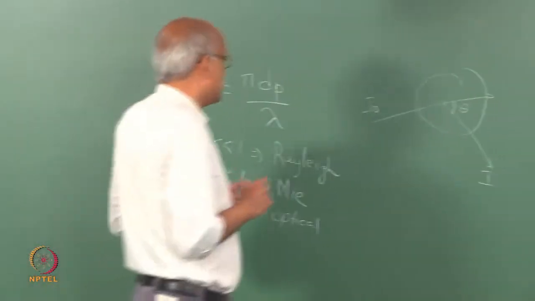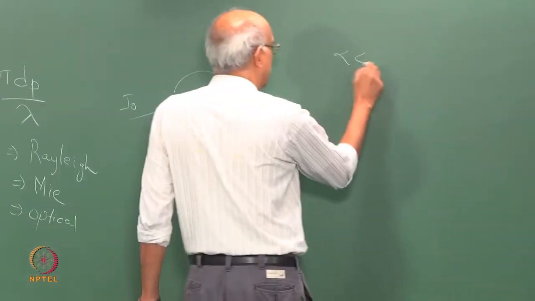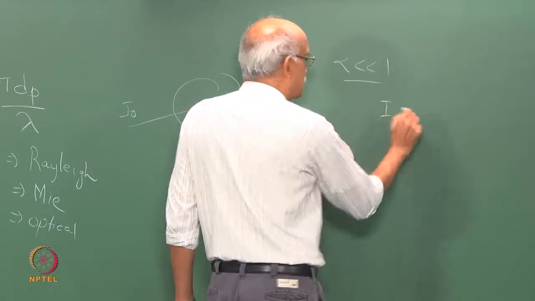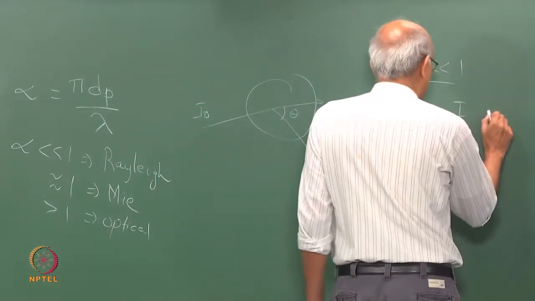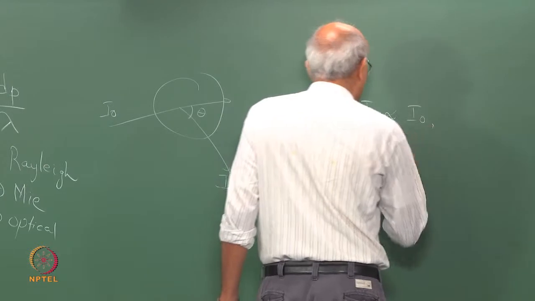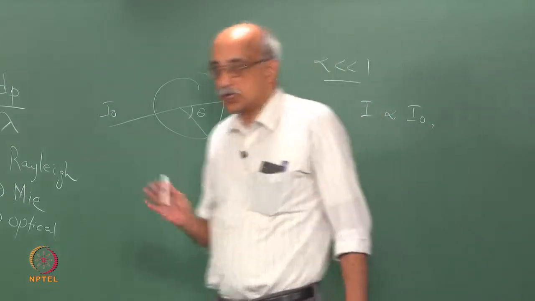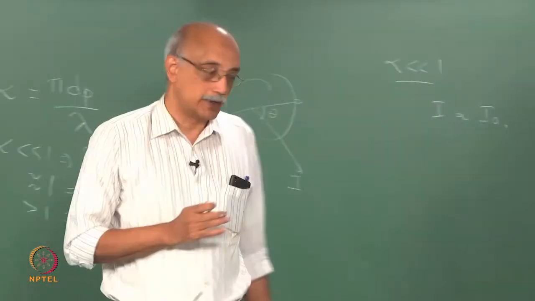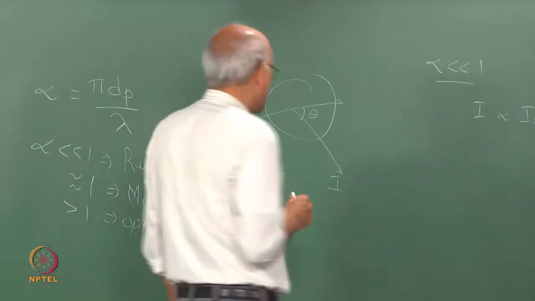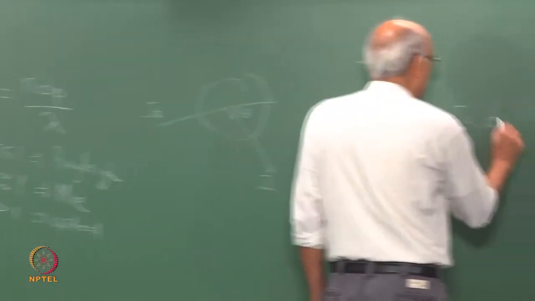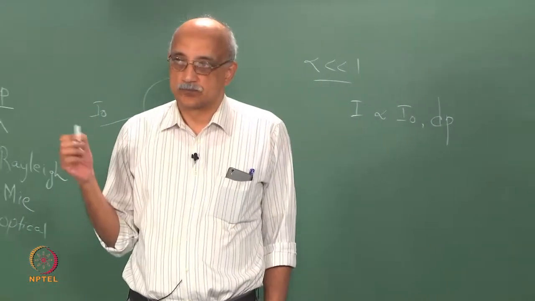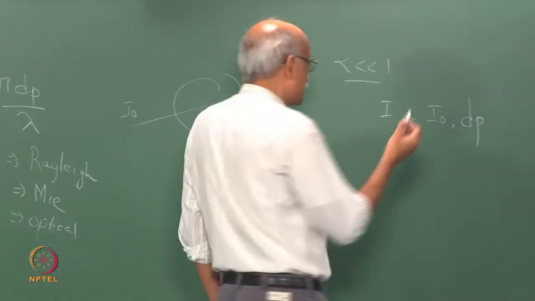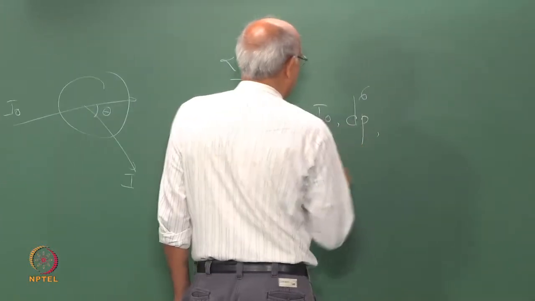In the range of alpha much smaller than 1, the scattered intensity I is proportional to I0 linearly. Higher the I0, the greater will be the I. It also depends on dp to the power 6.